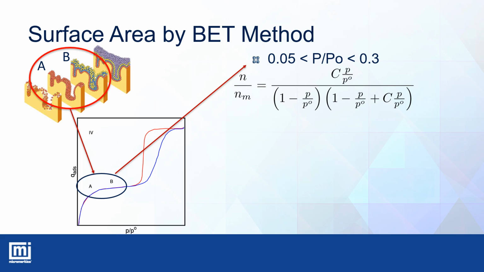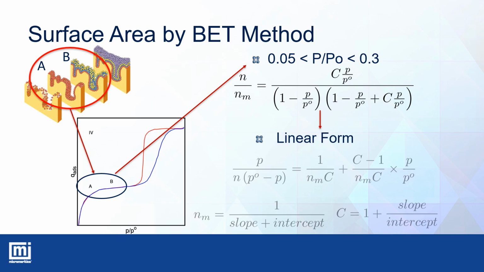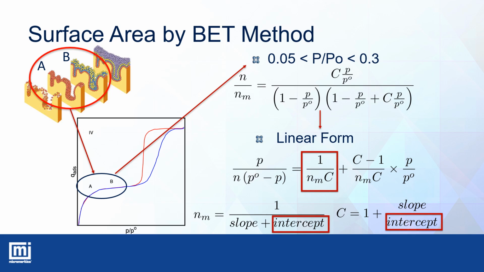In other words, it's meeting the constraint that the heat of adsorption for the first layer of molecules is much greater than any successive layers. And when we put this equation in linear form, we can use the slope and the intercept to calculate the monolayer capacity and the C value.